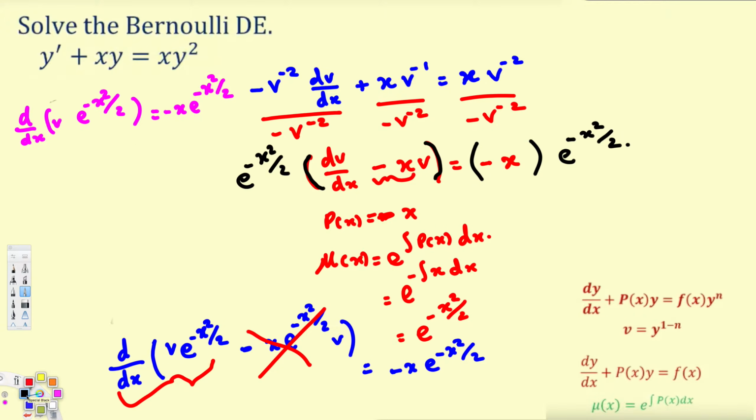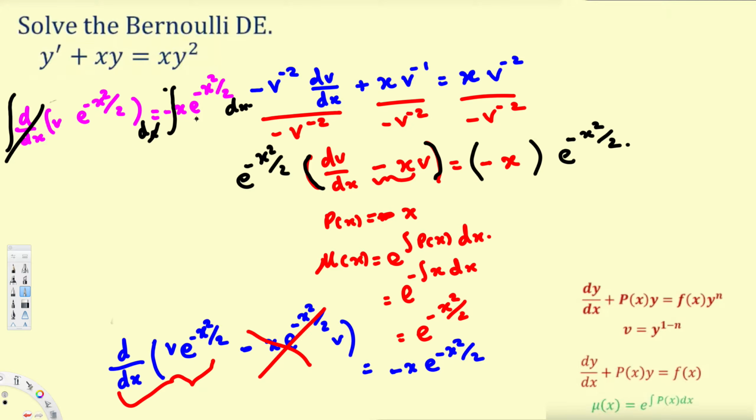Now we have to integrate both sides. So in this side, we are going to integrate this one with respect to x, and the other side also we are going to integrate with respect to x. And here if we integrate this one, the derivative and integral cancel each other, so we are left with this one alone.